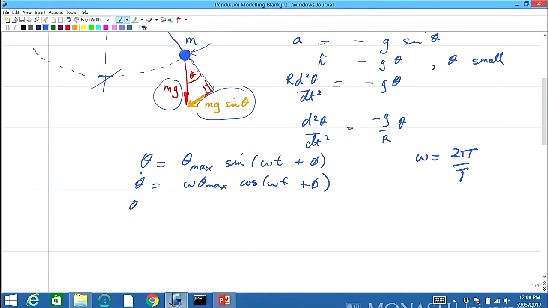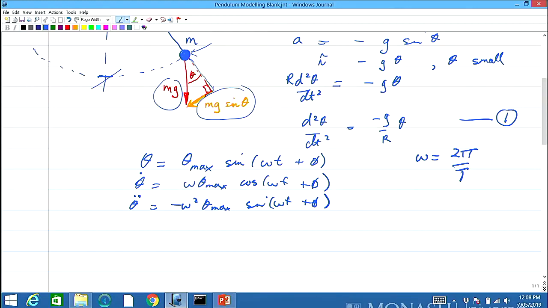All right, so the second derivative now is omega squared theta max multiplied by minus sine of omega t plus phi. All right, so we now can substitute that into this equation here, equation 1, and we can relate that to g and r.